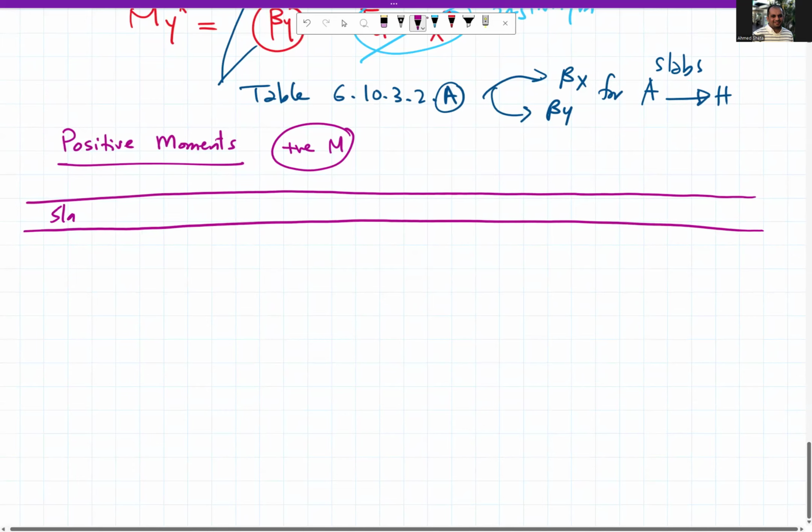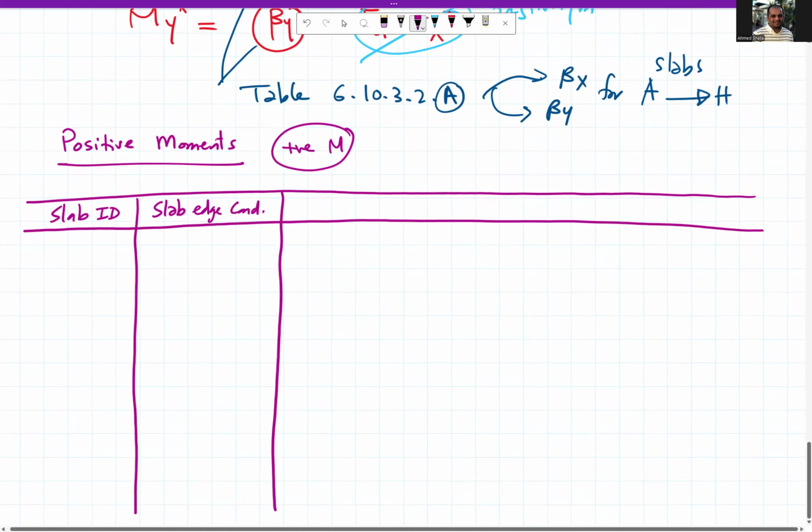We have slab ID, we have slab end conditions or edge conditions, and we have beta x and beta y from the tables.